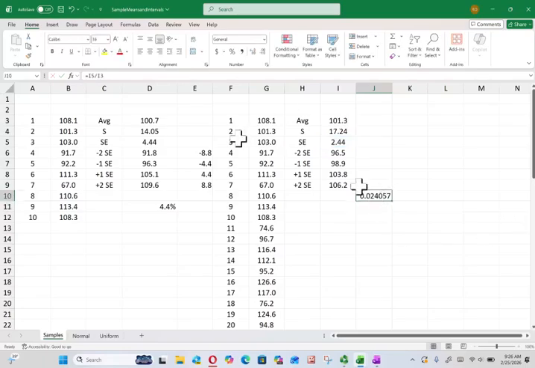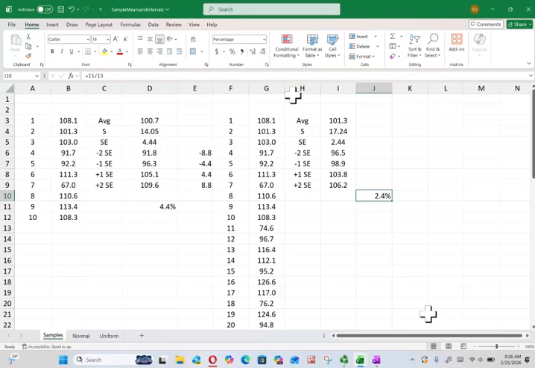And I'm going to make that a percent. Now I have a direct comparison in percentages.